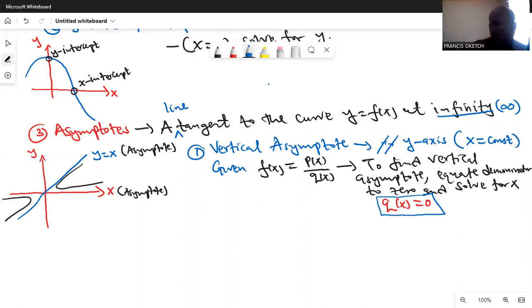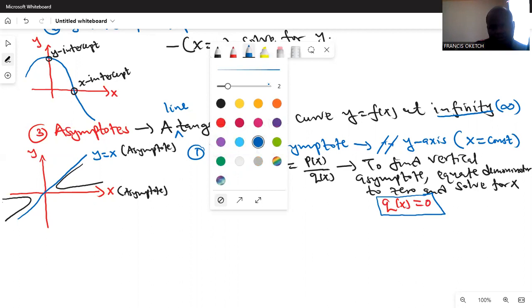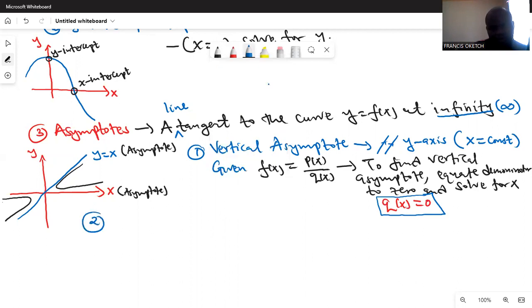Another one is number 2. Number 1 was vertical. Number 2 is horizontal asymptote. When you talk of horizontal asymptote, they are simply horizontal lines.